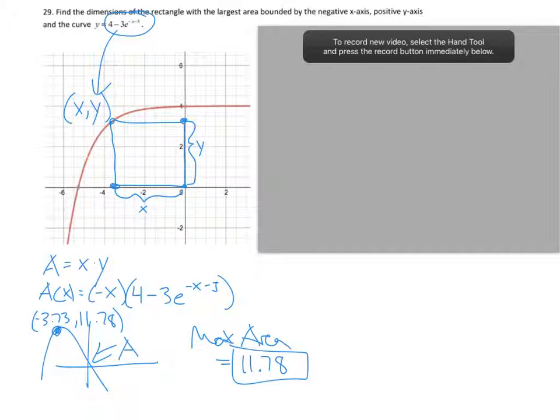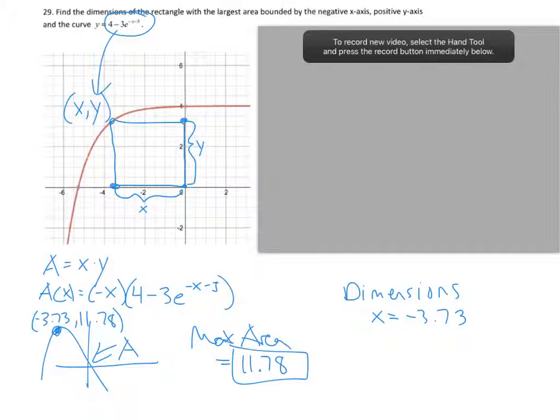Now if you wanted the dimensions of the rectangle with the greatest area, you're going to take the x value, and that is negative 3.73. And then to find the y value that goes with it, I can plug that x value into the function.